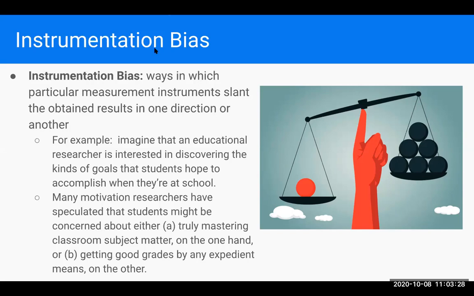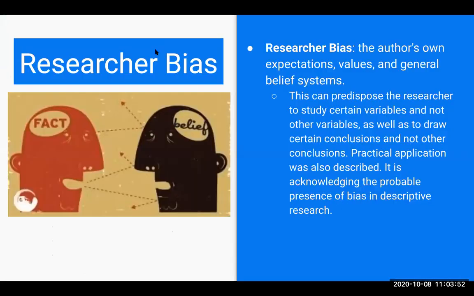Many motivation researchers have speculated that students might be concerned about either A, truly mastering classroom subject matter on one hand, or B, getting good grades by any expedient means on the other.